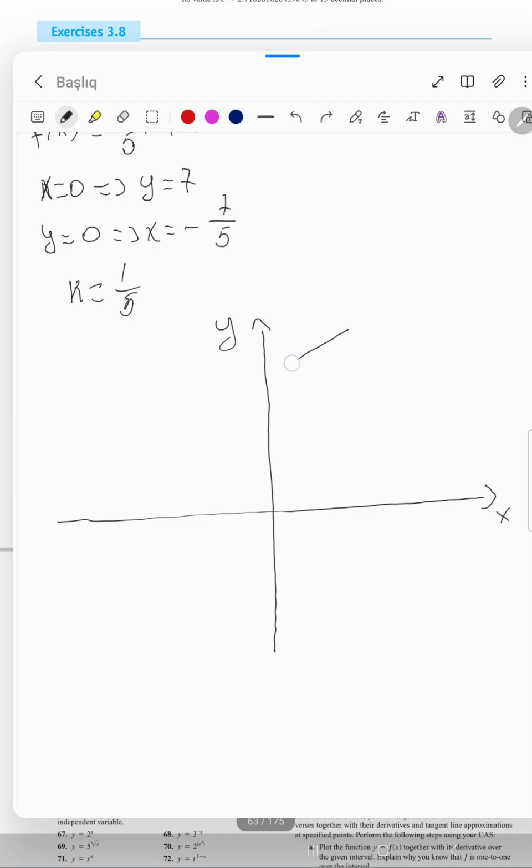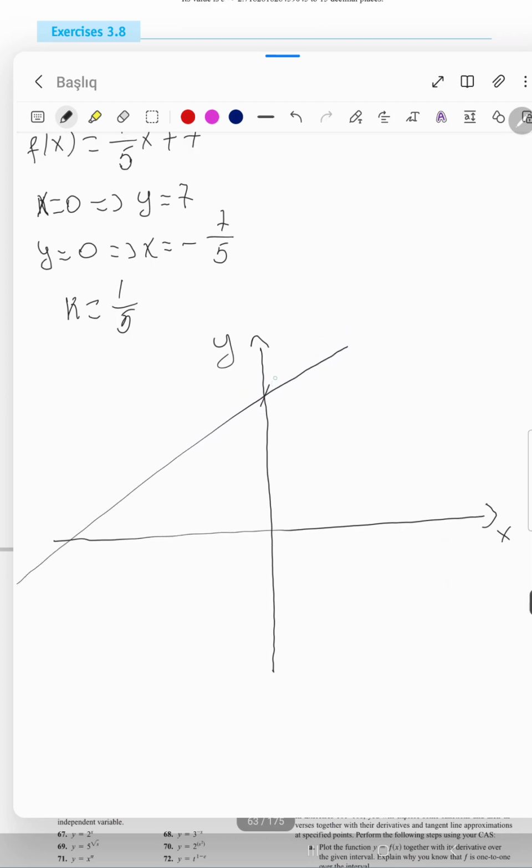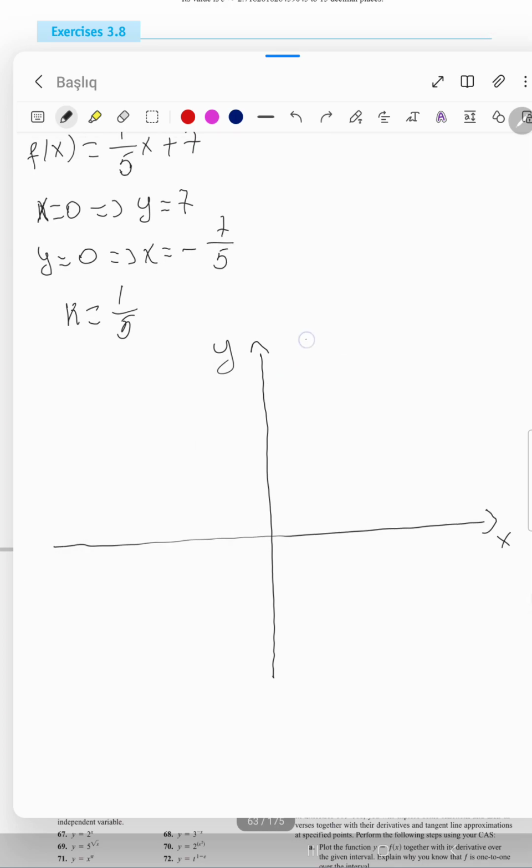I think it will be something like this. Okay, still parallel, but anyway, they're not parallel. This is -7/5. Okay, this is f(x).